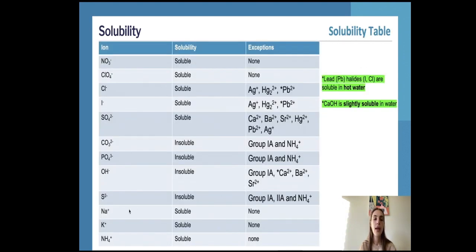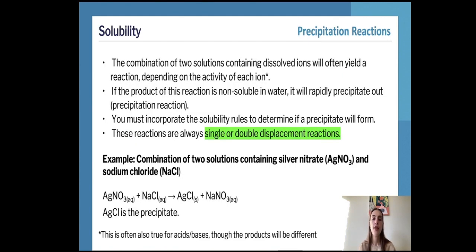When we look for Na, we can see it is the sodium ion, it is soluble, and it has no exceptions to its rule. That means regardless of what is bonded to a sodium ion, it will be soluble. So we know that NaNO3 will be soluble in water, and so it will form into the aqueous state. So we know that AgCl will be our precipitate.